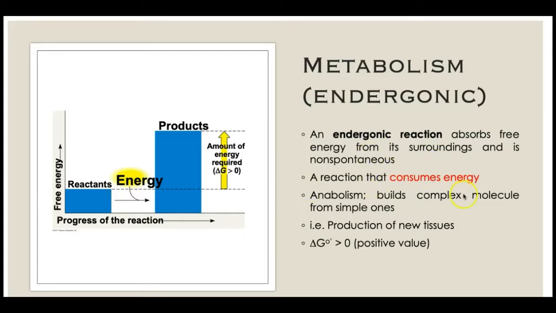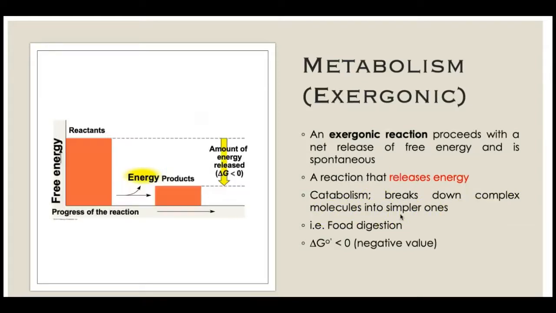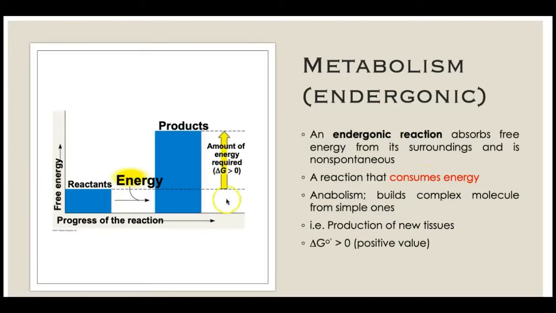The endergonic metabolism is a reaction that consumes energy, and it is also known as anabolism, where it builds complex molecules from simple ones. Remember this one? It breaks down complex molecules into simpler ones. So this is the opposite of exergonic, where it builds up molecules.